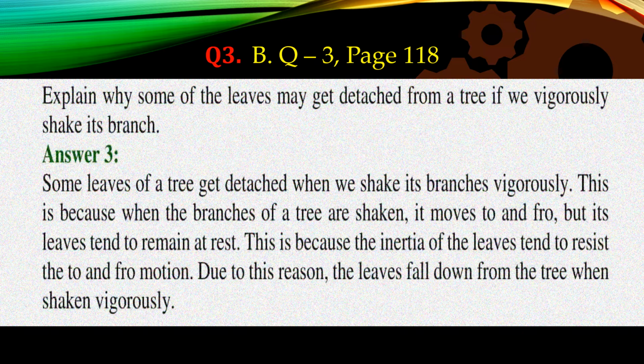When we shake the branches of a tree, the branches are set into motion. But the leaves, which are initially at rest, will have the tendency to remain in the same state due to inertia of rest. So they will fall down when we shake the branches vigorously.